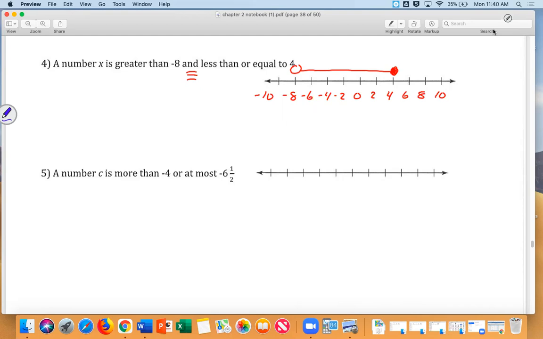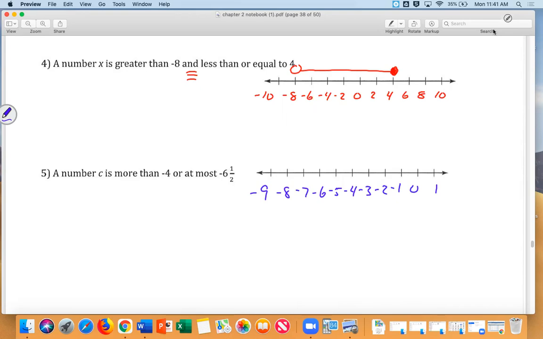I could put it halfway between -6 and -7, or I could just do -6.5. For you guys, I recommend let's just go with whole numbers and then put -6.5 between -6 and -7. So here, I'm going to go -9, -8, -7, -6, -5, -4, -3, -2, -1, 0, 1.